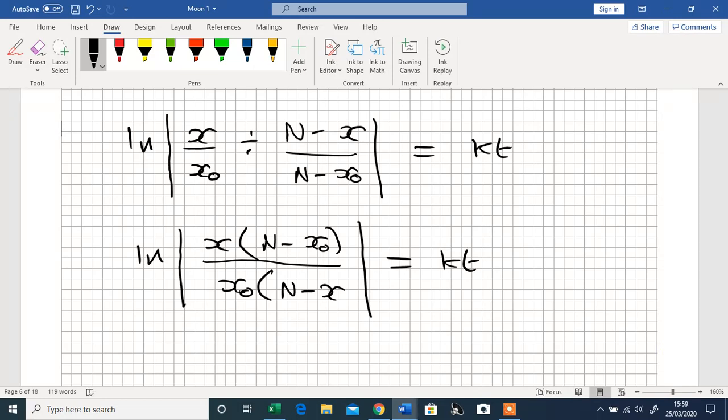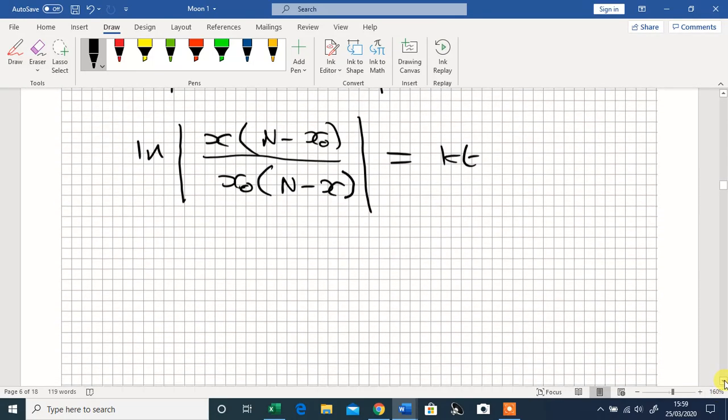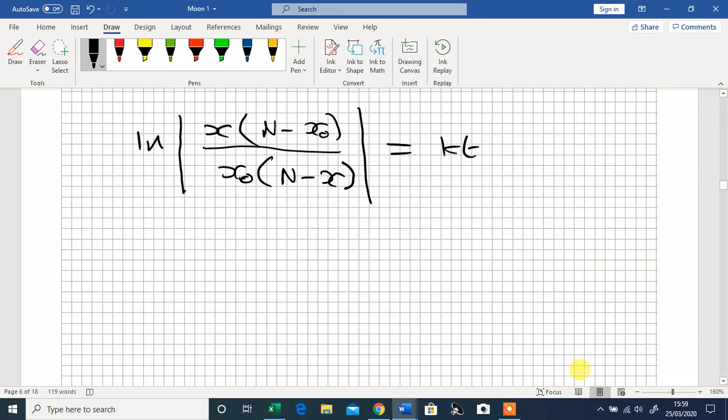Right, okay, so let me put that bracket in there. Forgotten a bracket. Now, we've got a logarithm on the left hand side. How do you get rid of that? Well, you should remember that to get rid of a logarithm, you just take the exponential.